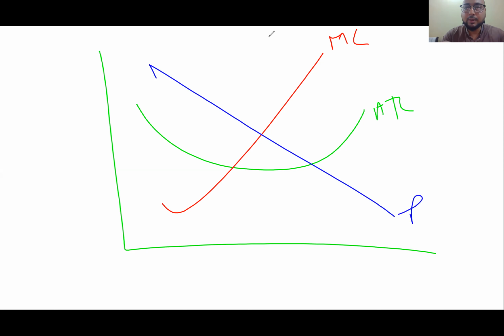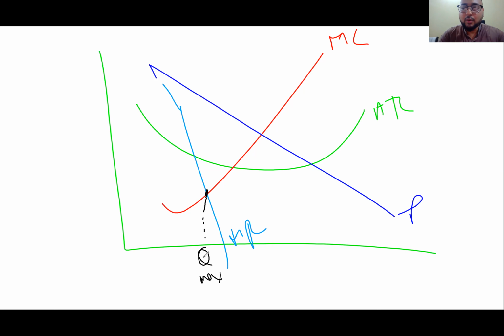This is the price or demand curve, and this is the MR. So where we need to produce, where MC is equal to MR. This is the Q max.